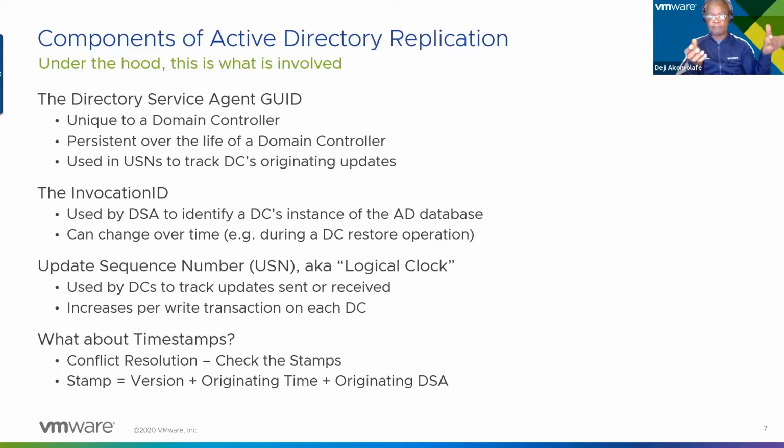The stamp itself is a combination of the version of the object being replicated, the originating time, and the originating DSA. So these combined together form the stamp, and this is what is used as a last resort to resolve any conflict, write or change.